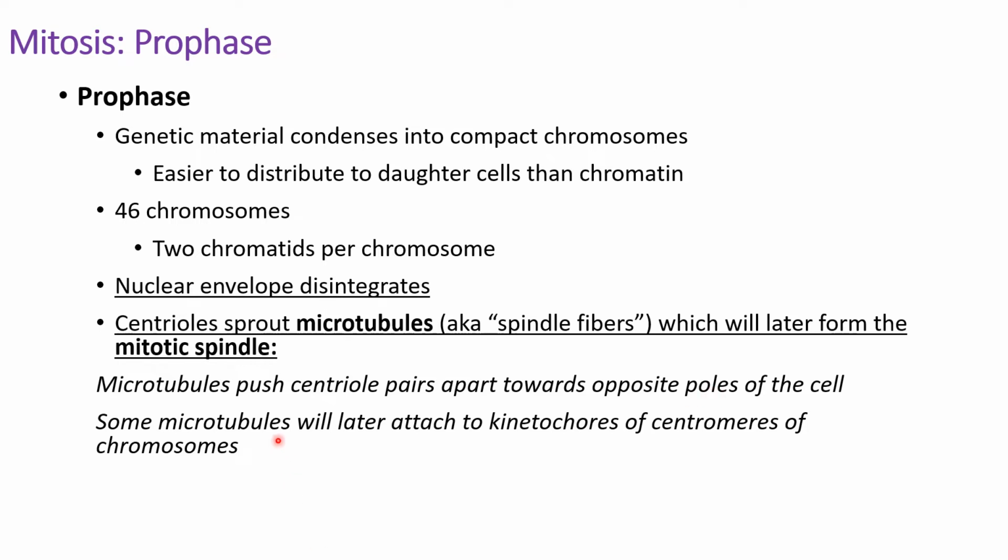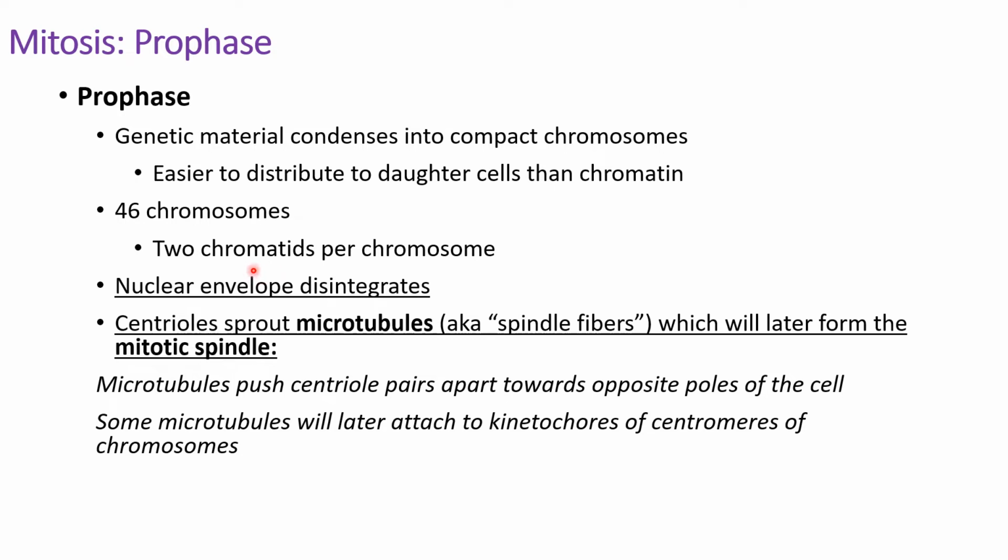Now, there are other microtubules that play a different role. Some microtubules are later on going to attach to the kinetochores of centromeres of chromosomes. Do you remember these terms from part 1? As a reminder, we have chromosomes. Chromosomes are made of chromatids. So you have 2 chromatids per chromosome.